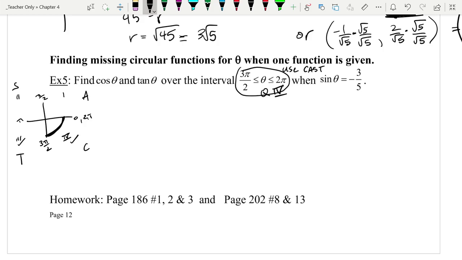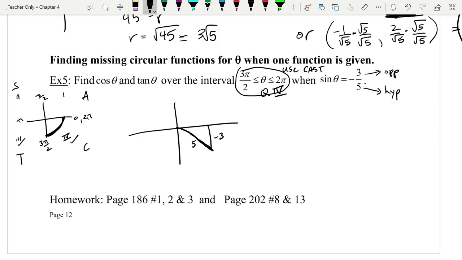Okay? All right, now let's solve the problem. Now that we know where we're going, we want to be in quadrant 4. Let's draw a picture in quadrant 4. So quadrant 4, sine is negative 3/5. Oh, don't forget what sine is, right? Sine is opposite over hypotenuse.